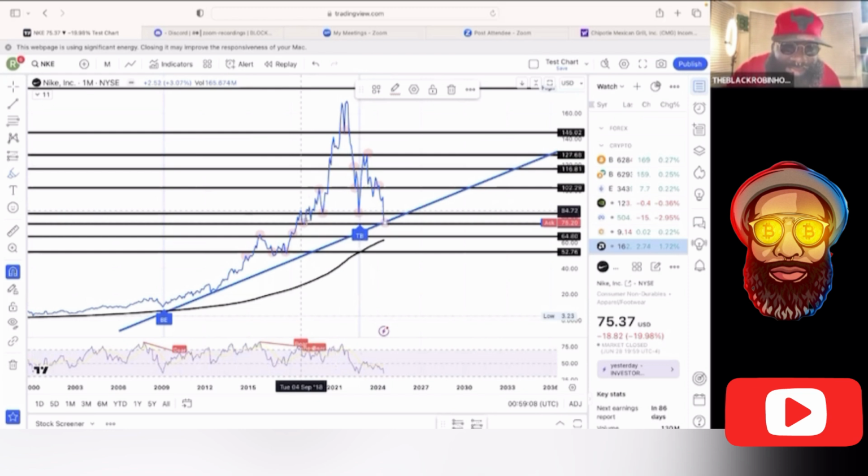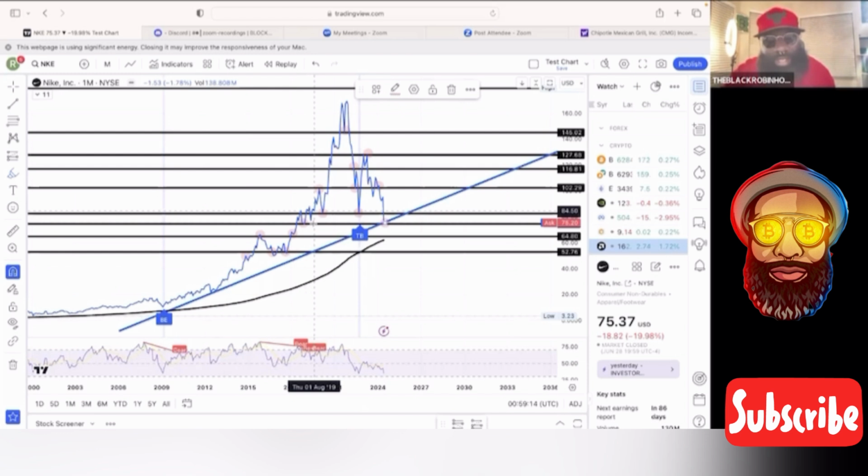So once it corrects itself, you only want to buy from a demand zone. And you want that zone to be a zone that you've already established before you get in the trade, because that makes it objective when there's no money on the line. You don't want to get into a trade and then, once you're in the trade, try to find levels that are going to support why you got in the trade.